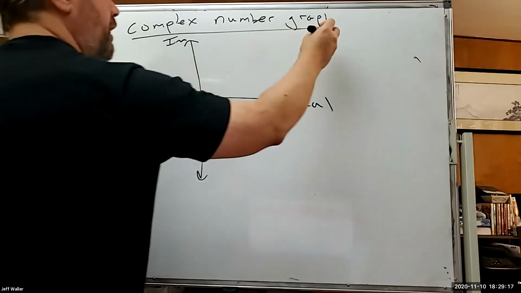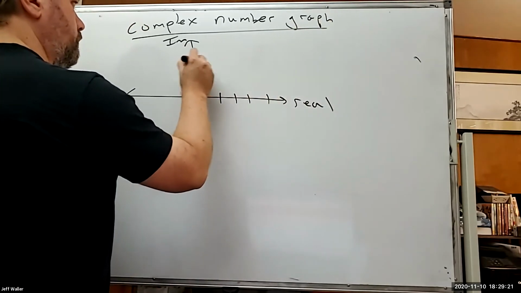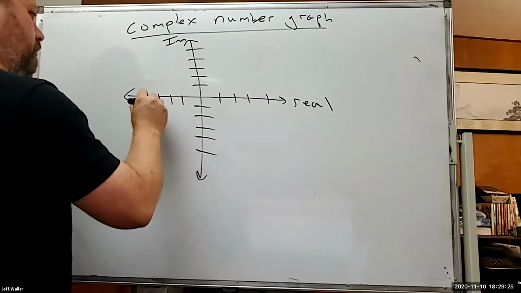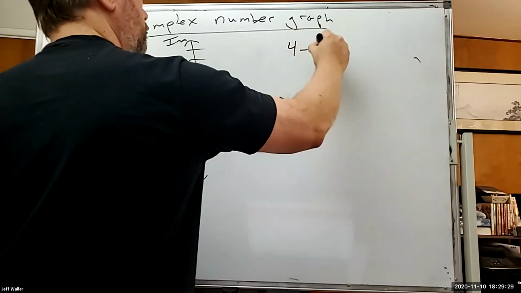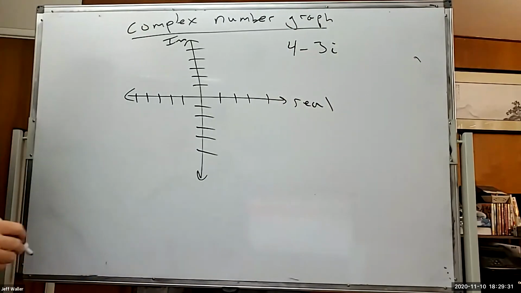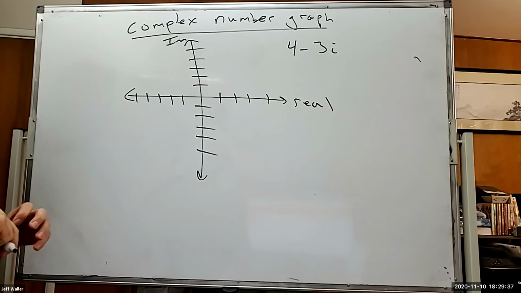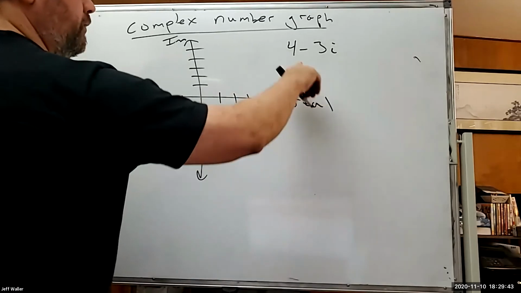So if I want to plot the point 4 minus 3i, where would that be? Would it be to the right 4, down 3? Yep, because the real part's 4.